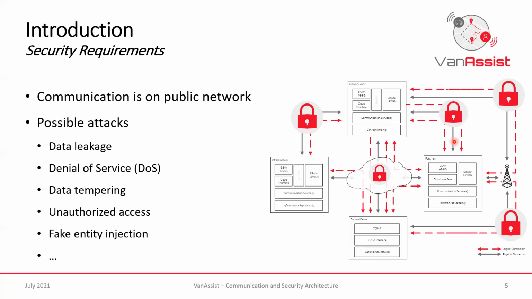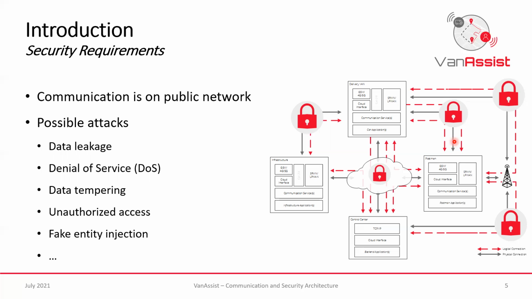Then we talk about the security requirements. The first and most important security requirement of such a project is that the communication of the system is on the public network, which of course is unsecure because it's public to everybody and everybody can see the commands and the data which is transmitted.